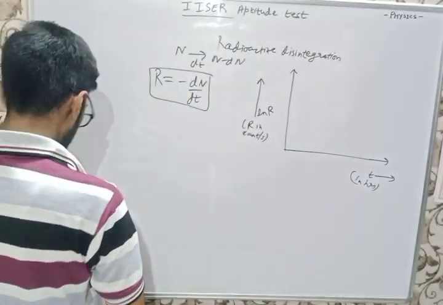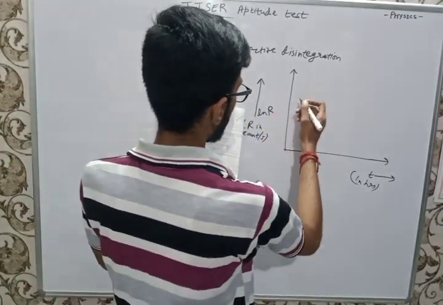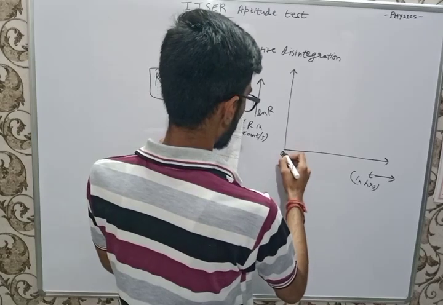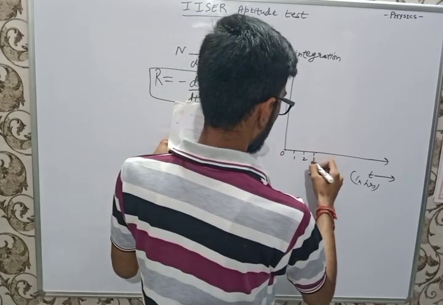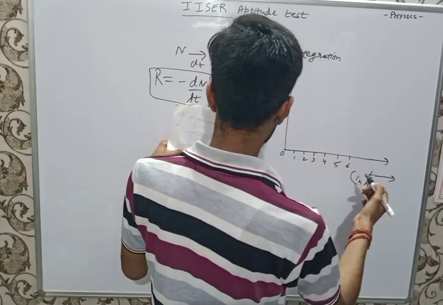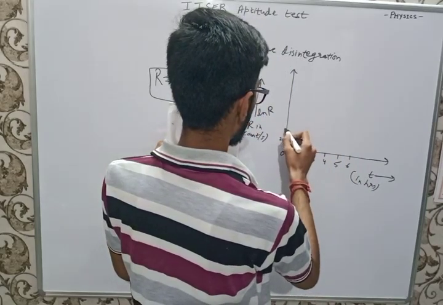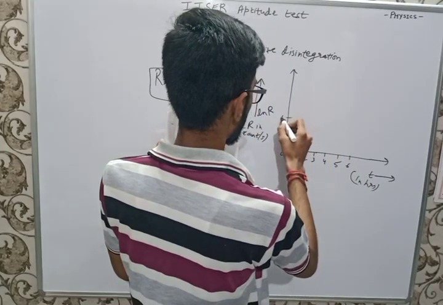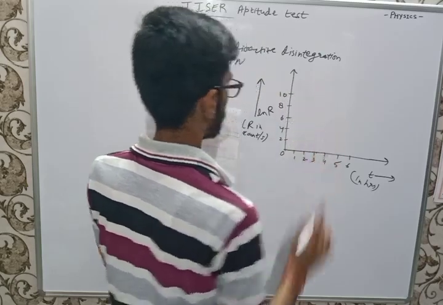So in this graph you have ln R on one axis, marked 0, 1, 2, 3, 4, 5, 6, and then 2, 4, 6, 8, 10 on the other.